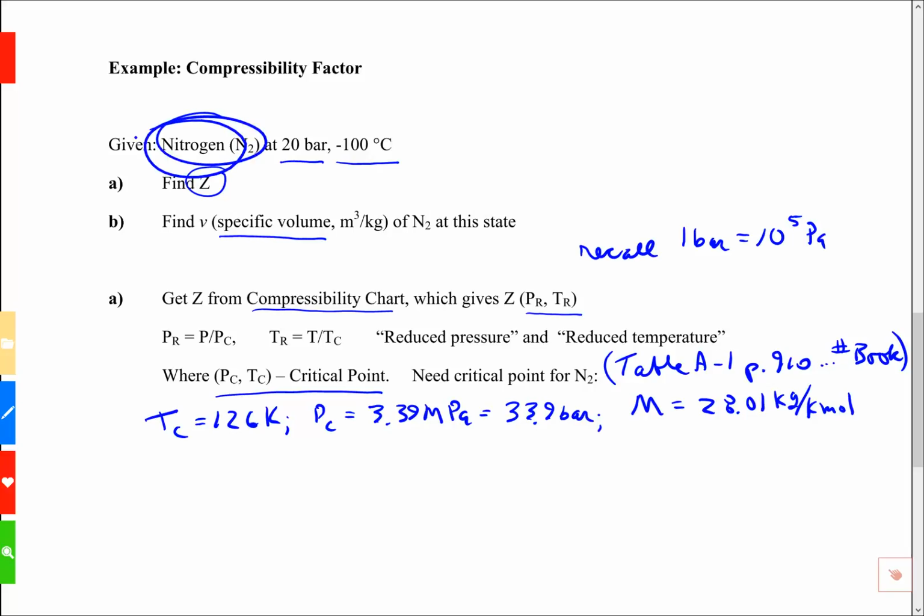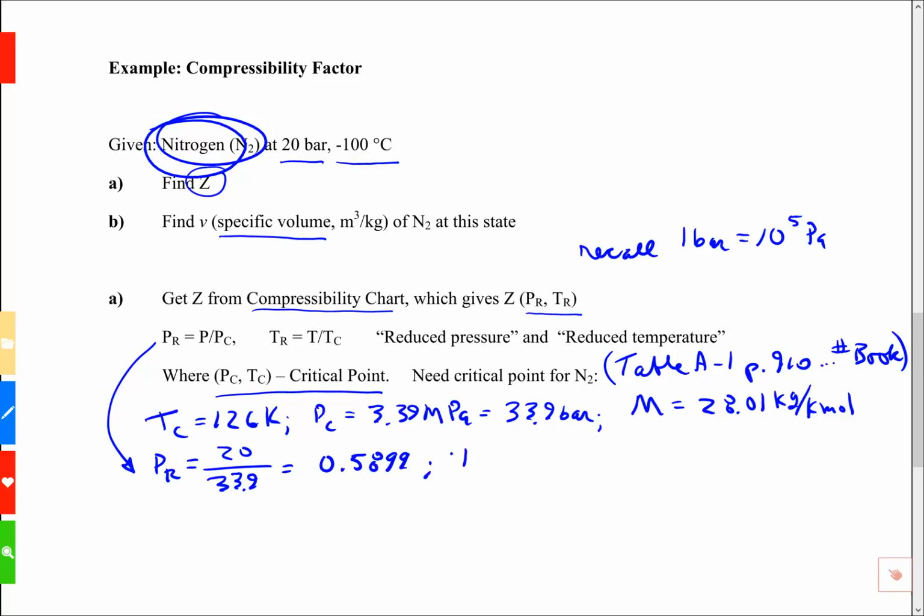All right. Given that information, let's compute now the reduced pressure and reduced temperature. PR is going to be the given pressure, 20 bar, divided by the critical pressure, 33.9 bar. And that gives me 0.5899. That's a dimensionless quantity.